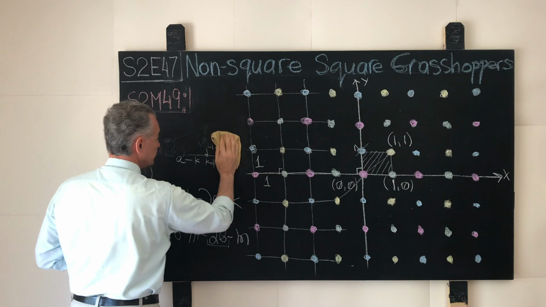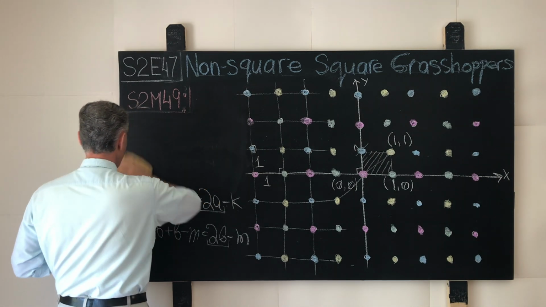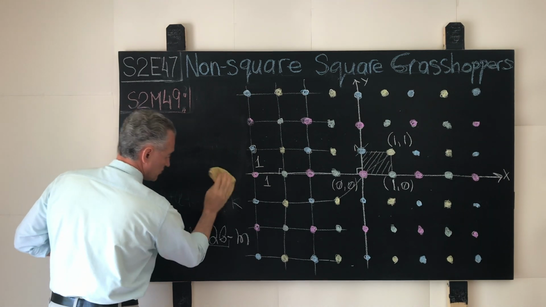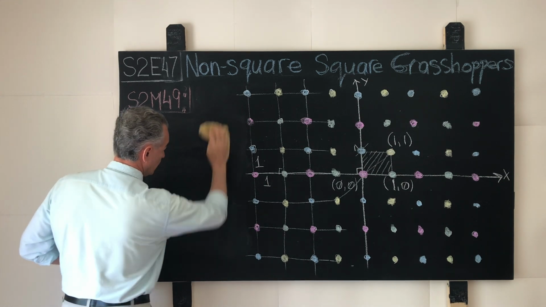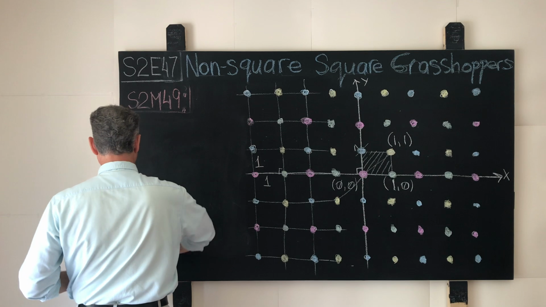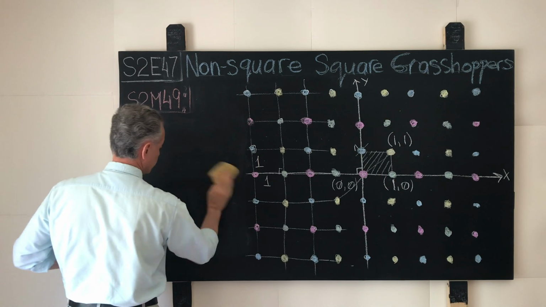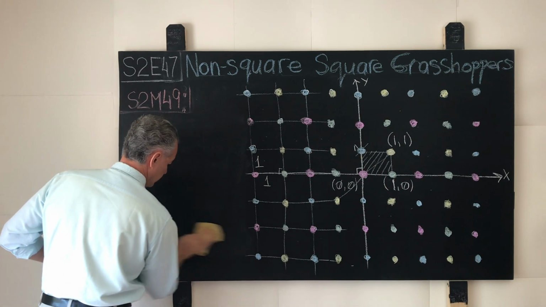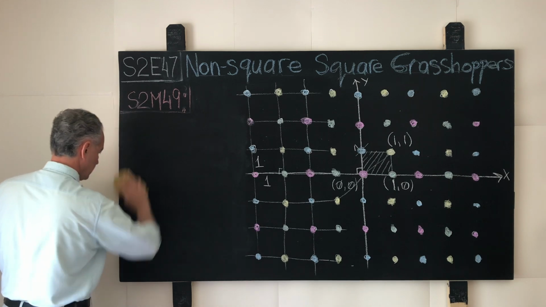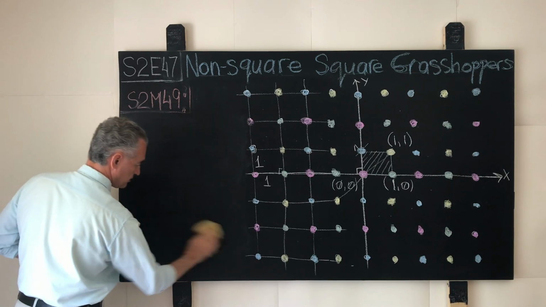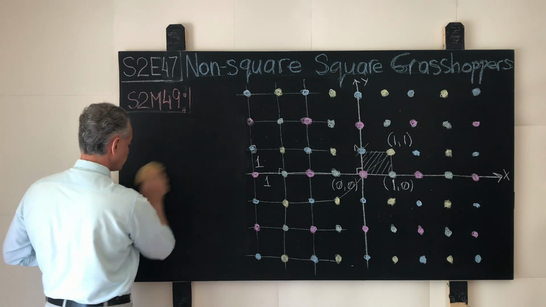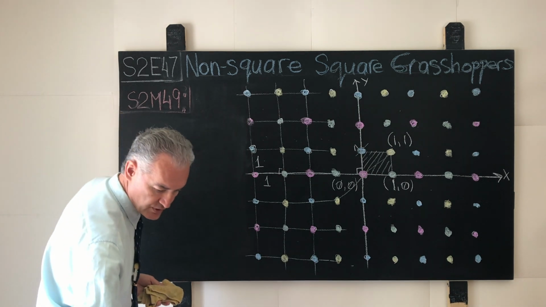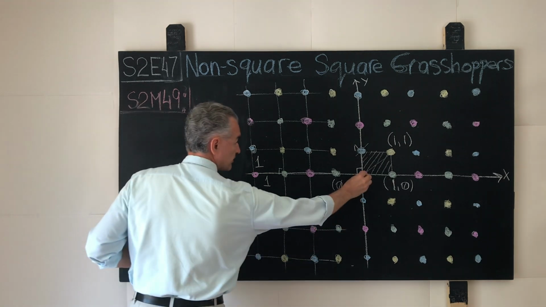So let me erase this and capture this idea more formally, symbolically. We don't really have to, but we will, just to be diligent students of mathematics. Some students like symbols a lot, so let's give them some symbols. Let's begin with the red grasshopper.